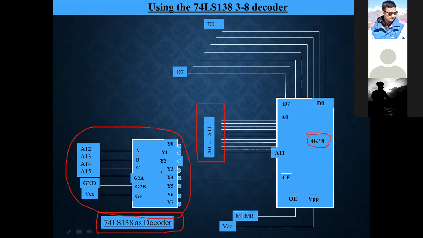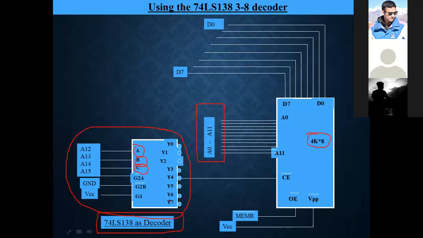So what is the decoder? This decoder has inputs A, B, and C, three inputs, and Y0 to Y7, 8 outputs. So it is a 3:8 decoder.